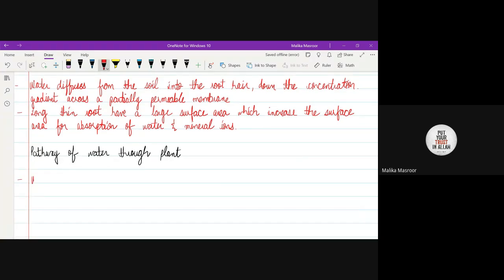So water travels by osmosis from the edge of the root to the xylem vessel, from cell to cell.